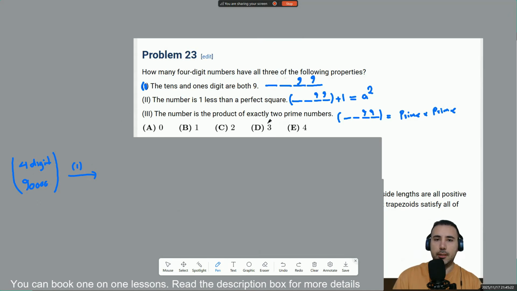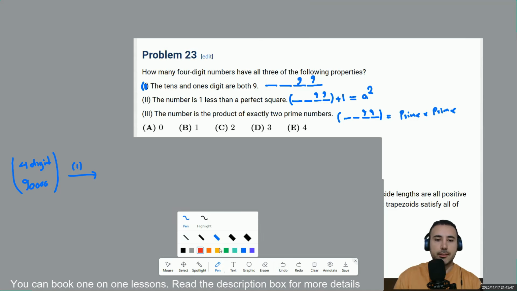No. Can I put 1 and 0 here, starting with 10? Yes. Can I put 11? Yes. 12? Yes. 13? Yes. 14? Yes. And then 20? Yes. 21? Yes. 22, 23, 24. And then 99. So that is going to be only 90. So the condition number 1, from 9,000 candidates, we only have 90.